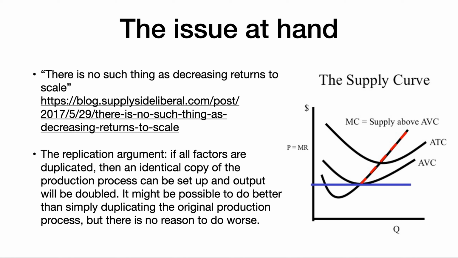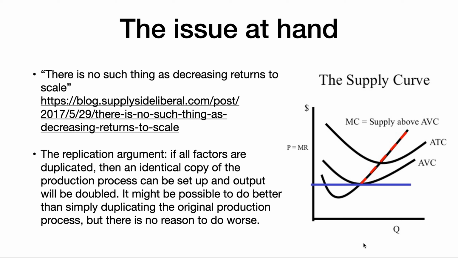The problem here is that if you're producing beyond the minimum of the average total cost, so that's that dashed red line above the ATC line, you've sort of exceeded all the economies of scale that you've got. And what you're doing is producing not at the minimum cost, but at a slightly higher cost.